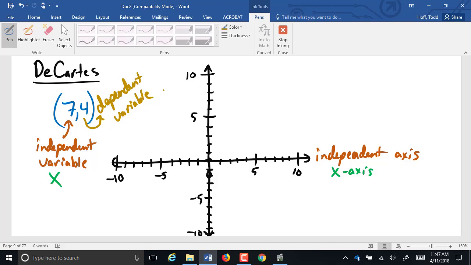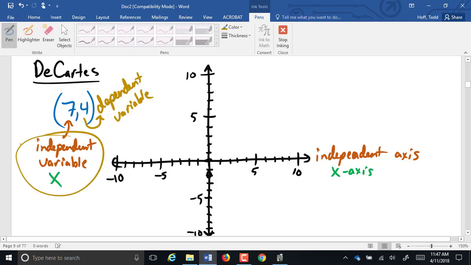The independent variable is the value that can change however we want it to. We pick a value and then we use that value to determine or find the relationship to the second value. Now, the second value would be the dependent value. So, of course, this vertical axis would be the dependent axis, or often referred to as the y-axis, because it's often represented by the variable y.